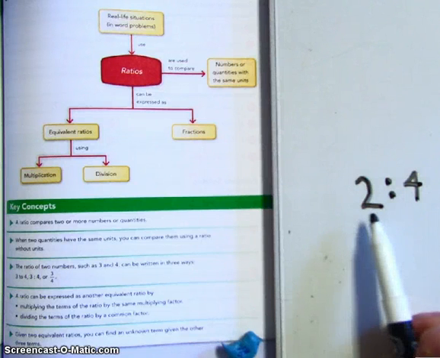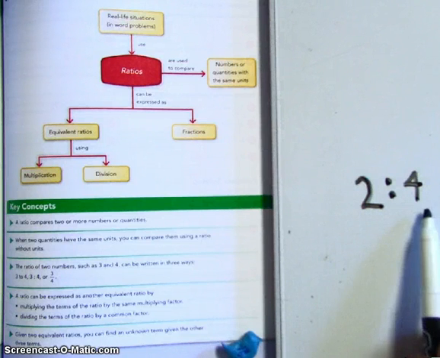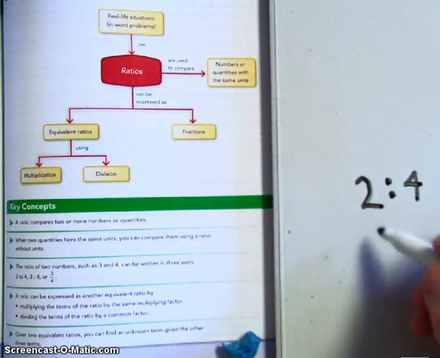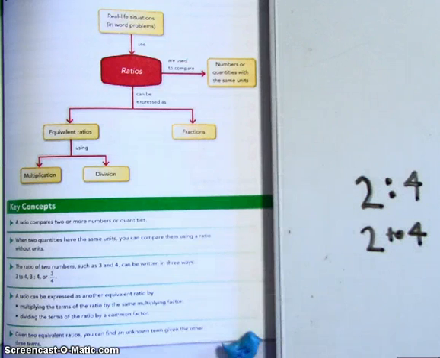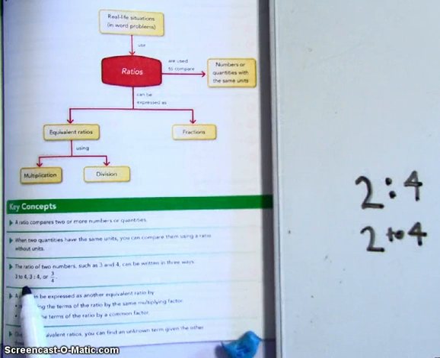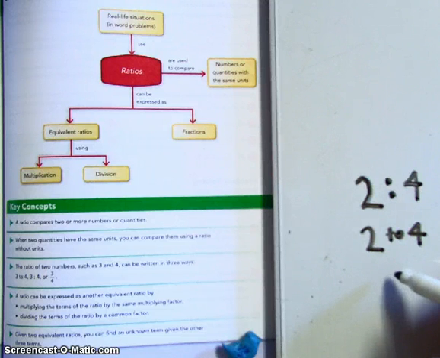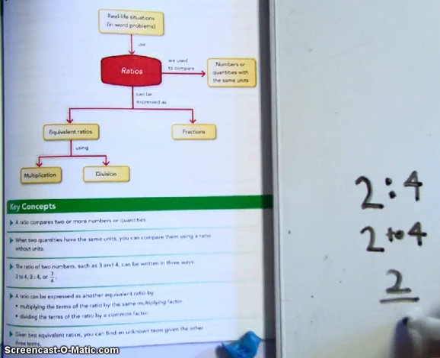It can be written the most common way, like a 2 and a 4 with a colon, or it can also be written 2 to 4, or like they said right here in your book, 3 to 4. Or it can also be written like a fraction, or a fraction is just a division problem. So it can be written as a division problem. So these are the three ways we recognize a ratio.